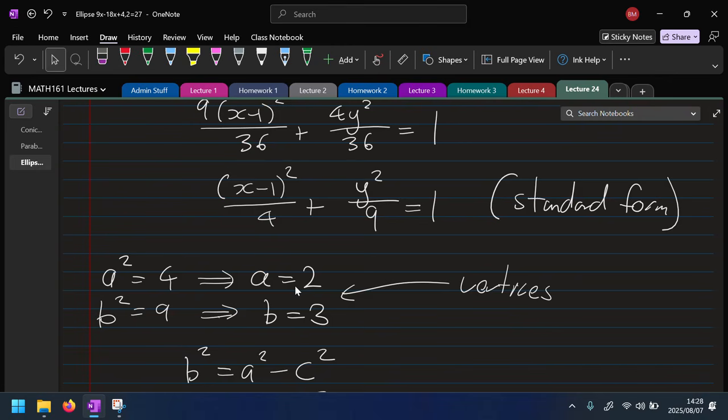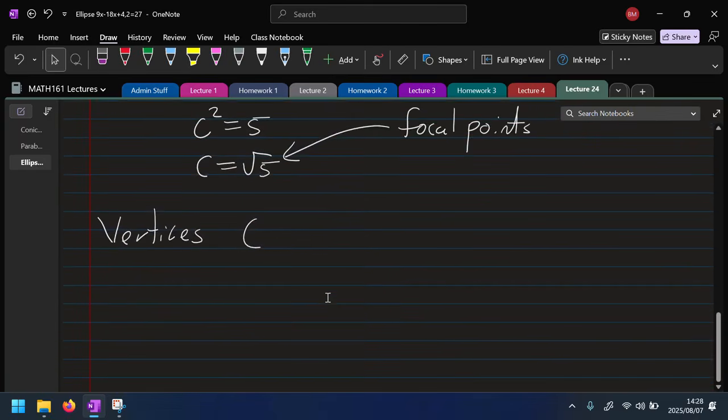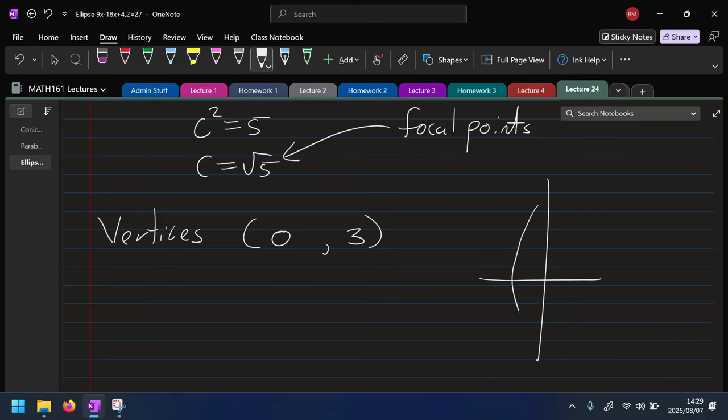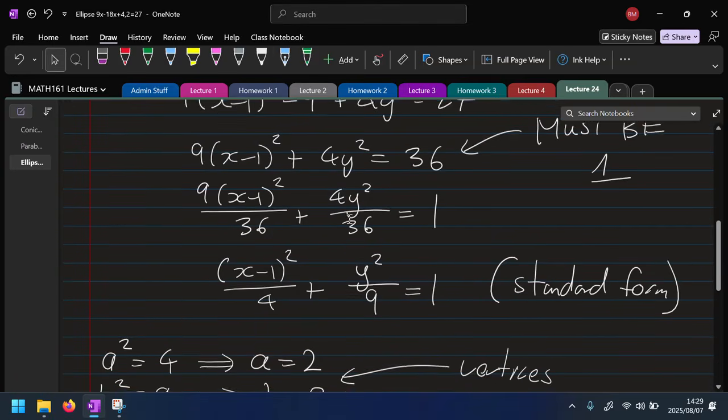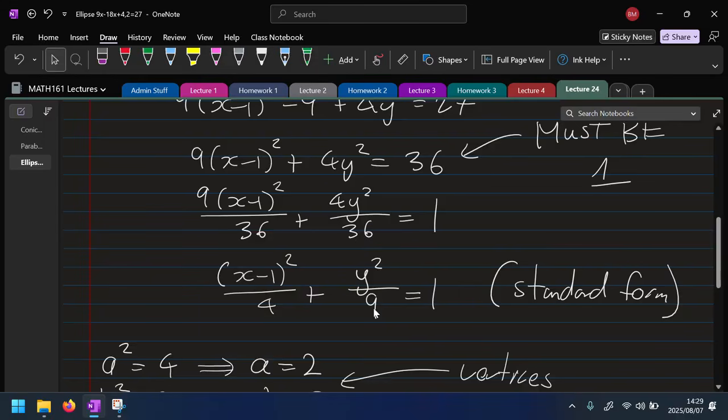So x will be 0 and y will be something, because it's along the y-axis. So this will be 0, 3. So we're looking at these points over there and over there. So it'll be 0, 3. But, yes? Because this is bigger.